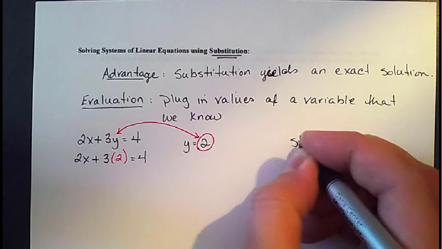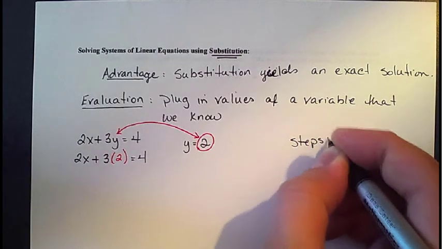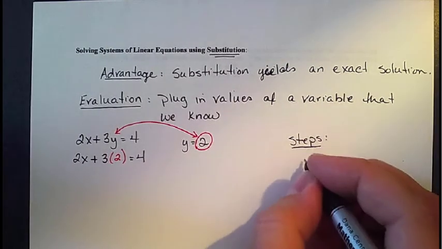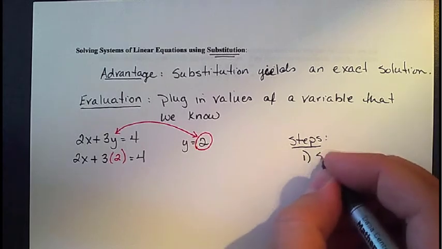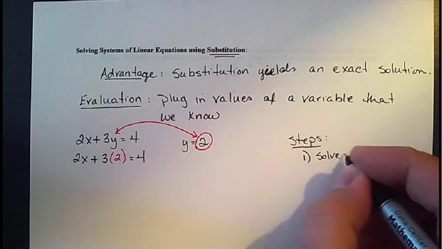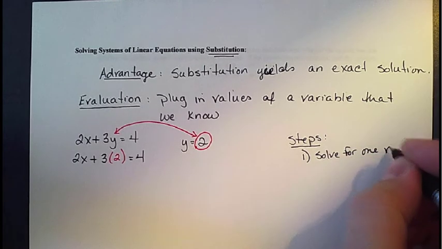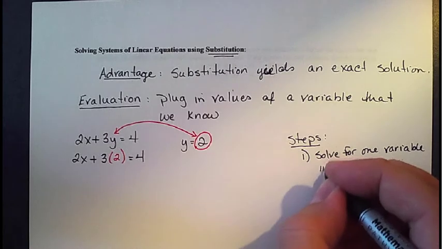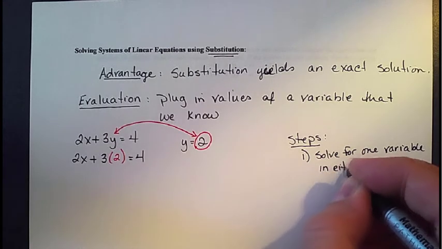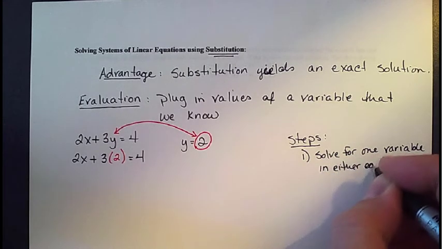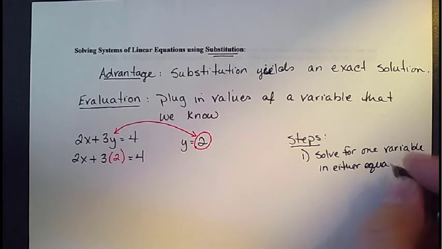They are as follows. First, solve for one variable in either equation. Okay, it does not matter what. There are some good rules of thumb here.